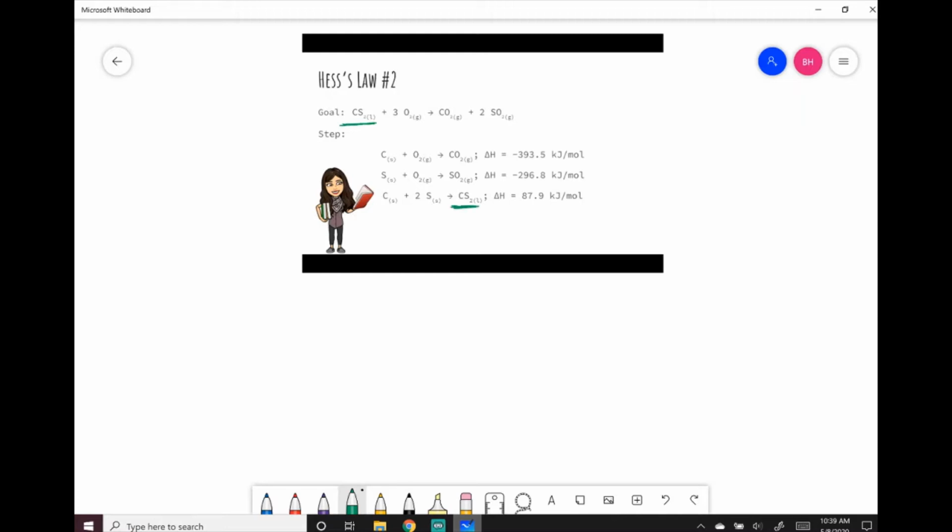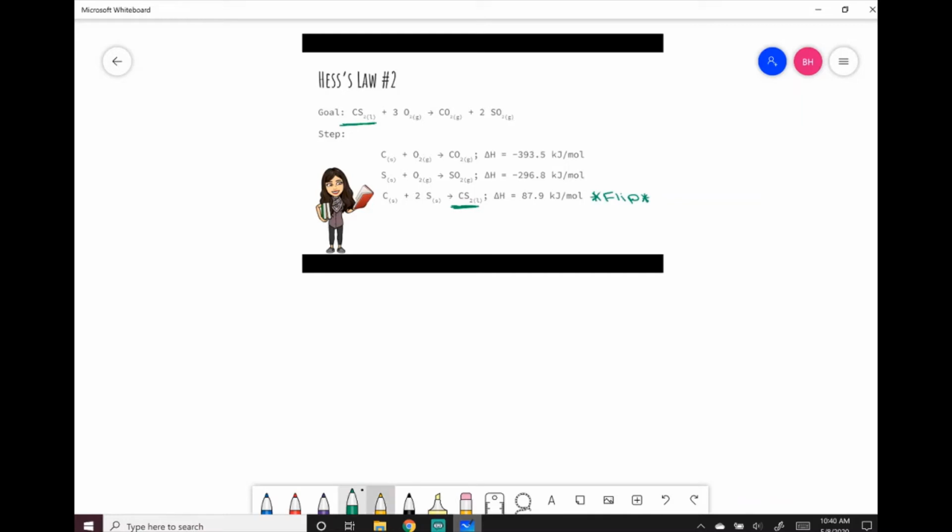Now, the amounts that I have of this compound are the same. I have 1 mole right here and I have 1 mole right here. The difference between these two is the placement. Right here, this is a reactant, and over here, this is a product. So what that means is that I need to flip this reaction. So I'm going to flip that reaction when I rewrite it.